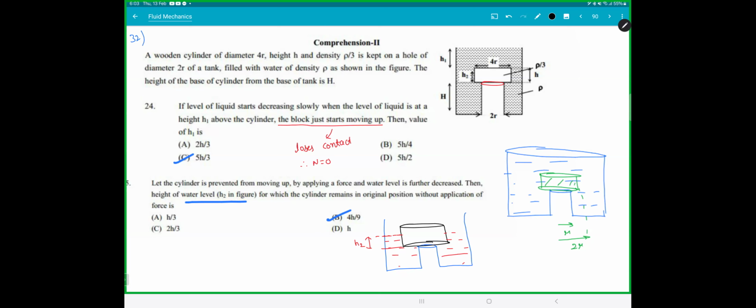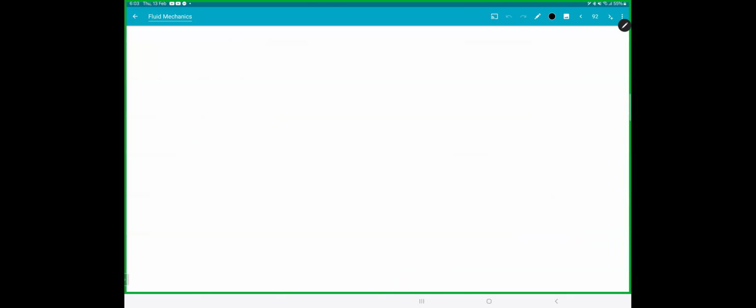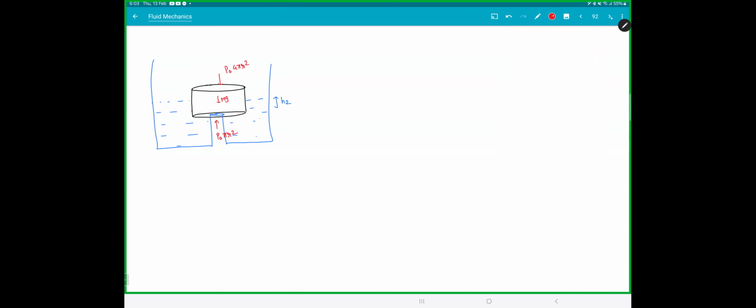Give it a try, and when I show you, you can compare and see whether you got the steps right. Let's see. Remember, this time liquid is only till here. This height is h2. So from the top, we have P naught into 4 pi r square, your own weight mg, P naught into pi r square.